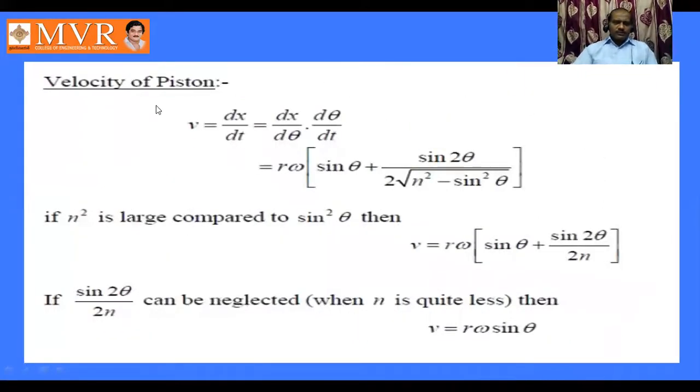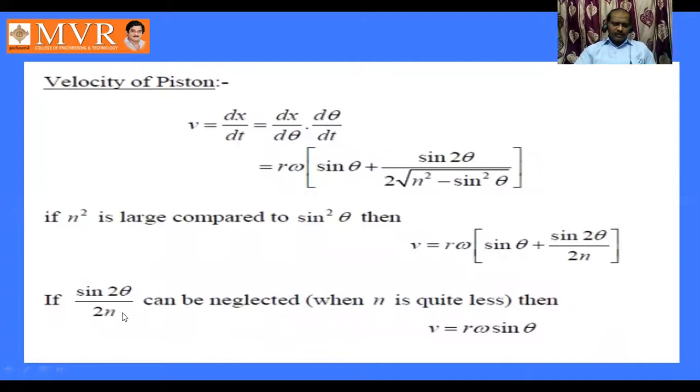So velocity of the piston is equal to dx by dt, dx by dt into dt by dt, that is equal to r omega into sin theta plus sin 2 theta by square root of n square minus sin square theta. If n is large compared to sin square theta, then v is equal to r omega into sin theta plus sin 2 theta by 2n.